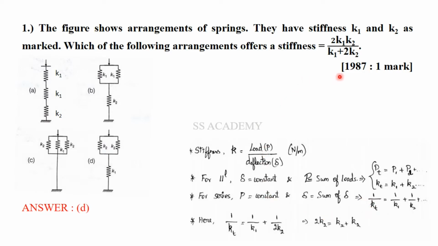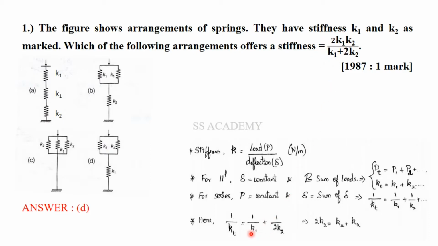Here they have given the total stiffness of a setup. This fraction can be written as 1 by KT, that is the total stiffness of the arrangement, is equal to 1 by K1 plus 1 by 2K2. These two fractions sum up to be 2K1 K2 by K1 plus 2K2. So you can see that a spring with stiffness K1 and a spring with stiffness 2K2 arranged in series connection will give such a stiffness.